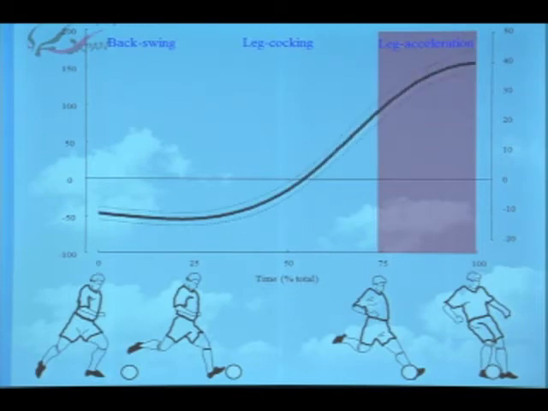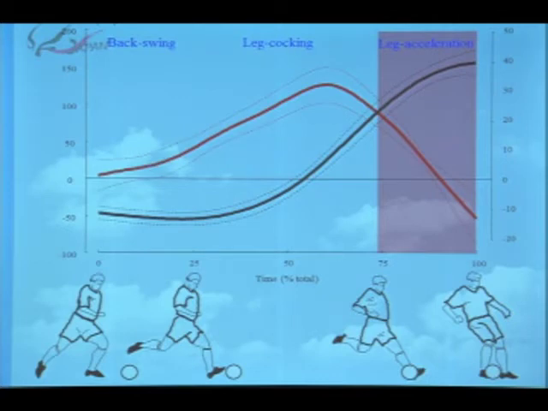This is the chunk angular velocity toward ball impact. As you can see, the angular velocity of the chunk was still increasing during the final phase. This is the change of the muscle moment.